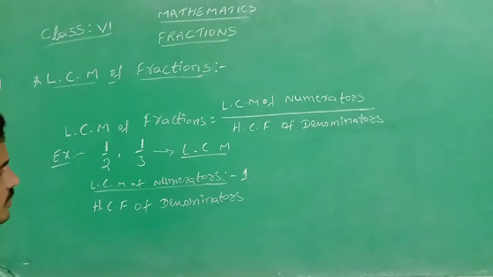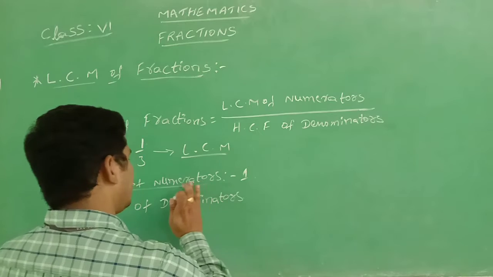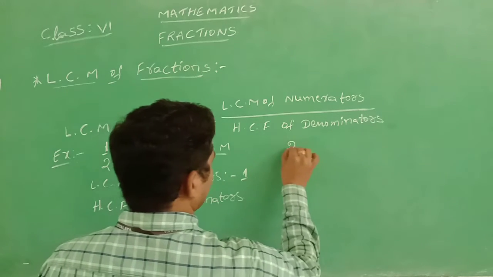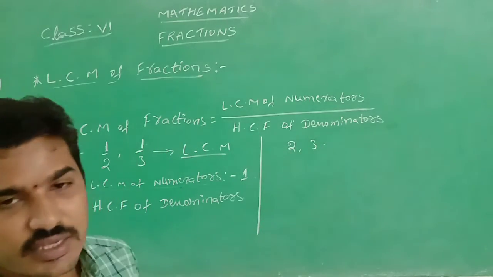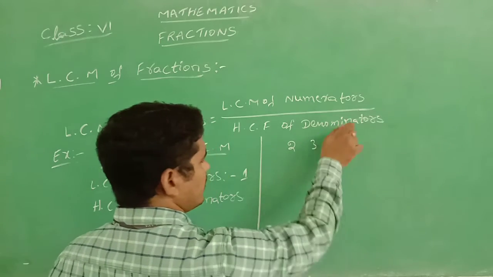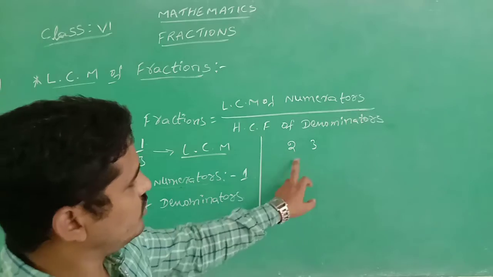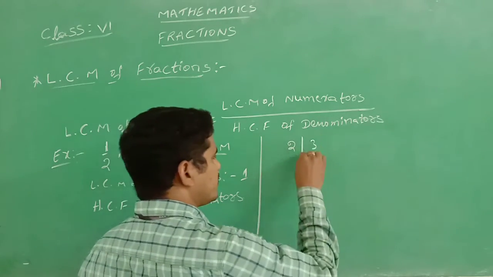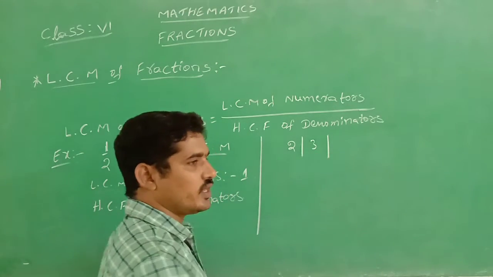What is the HCF of the denominators? The denominators we have are 2 and 3. For 2 and 3, we need to find out the HCF, highest common factor. In the last class we discussed that for any two numbers, the smaller number we consider as the divisor and the bigger number is the dividend.